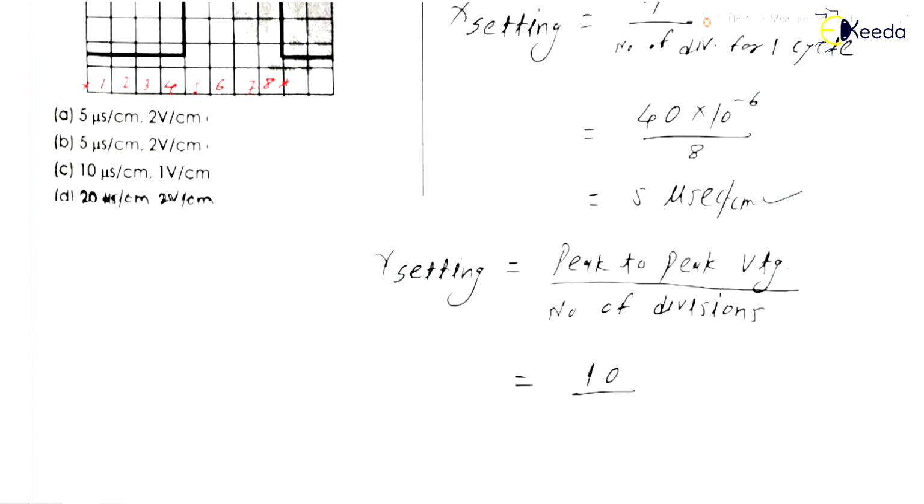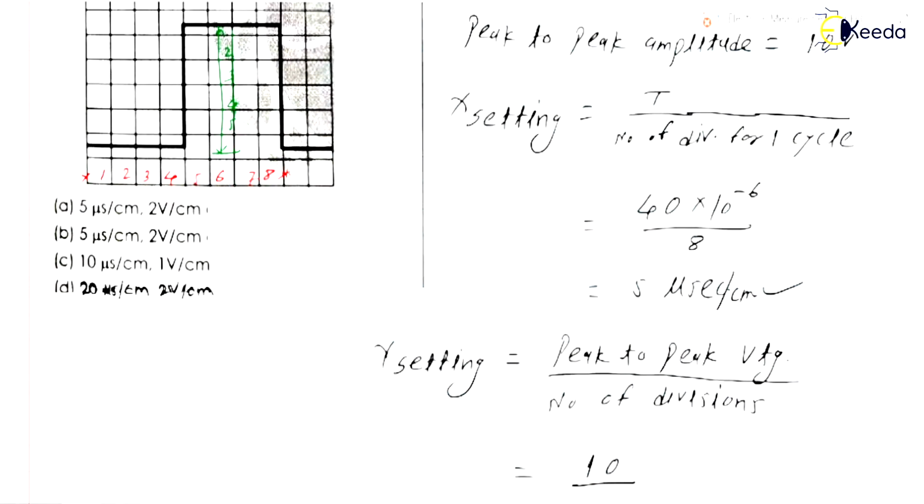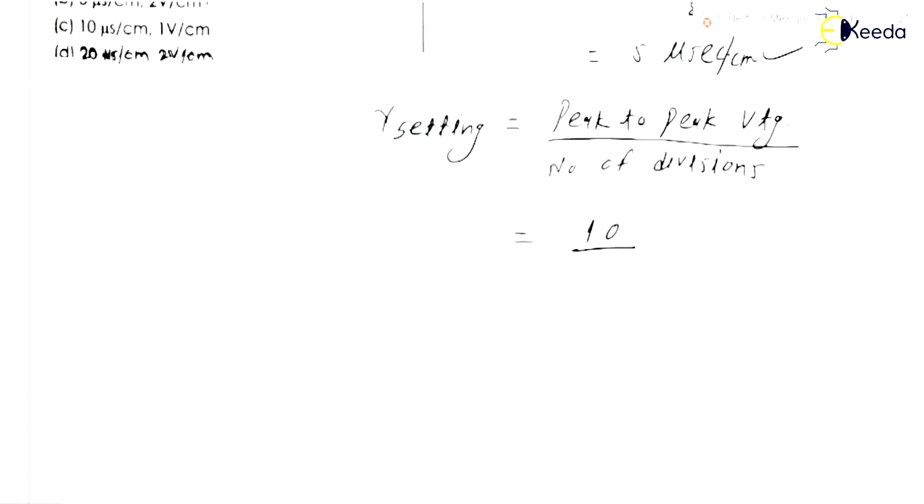It is given 10, divided by, if you check the vertical divisions from peak to peak, we need to find the divisions. Here we are having a half and here it is a half, so it becomes 1. Next 2 3 4 5, so we are having 5 divisions. So 10 divided by 5 is equal to 2 volt per centimeter.